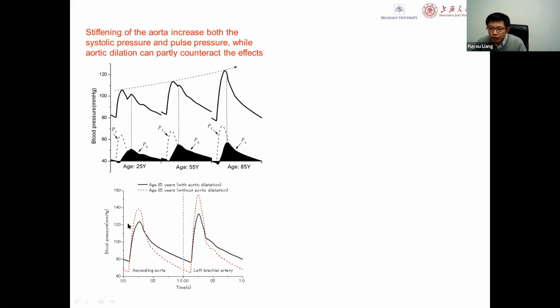But from our numerical study, for example, if for the aged subject we don't increase the dimension of the aorta, which means without aortic dilation, you can see that the pulse pressure and the systolic pressure both increase very significantly, which means that aortic dilation is not always bad. It can help to reduce the systolic pressure and the pulse pressure.